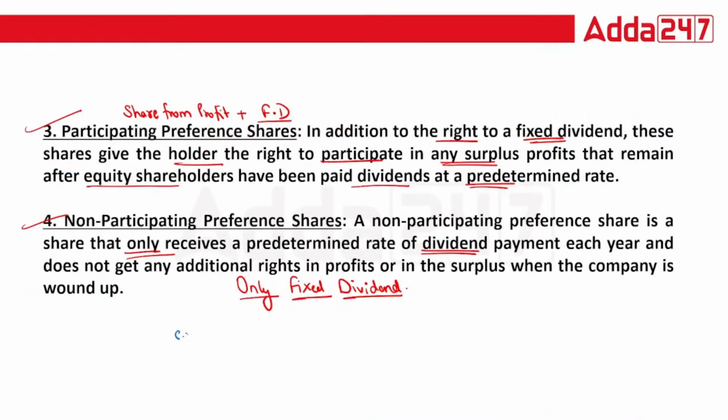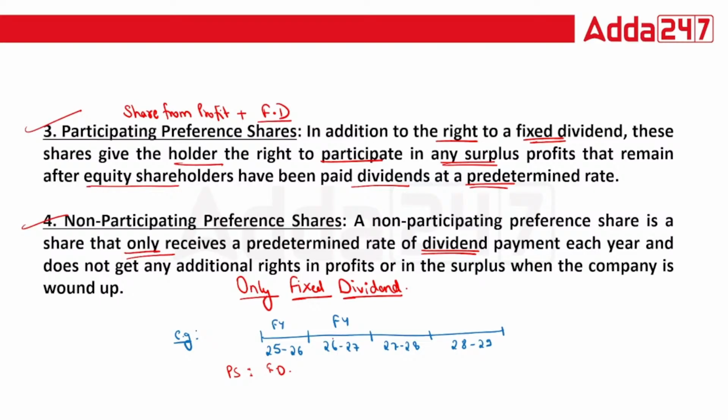Let's take one example. Let's create a timeline over here. This is your financial year 25-26, this is financial year 26-27, 27-28, 28-29. Let's say the company paid the fixed dividend to your preference shareholders.